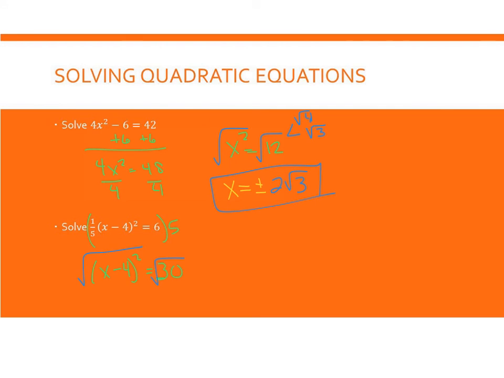So the square root and the square cancel. You get x minus 4 equals plus or minus. Can we break down the square root of 30? 4 doesn't go into it, 9 doesn't go into it, 16 doesn't. We made it halfway, so we're good there. We're going to leave it, the square root of 30. And then you're going to add 4. And preferably you're going to write the 4 in the front. So 4 plus or minus the square root of 30.